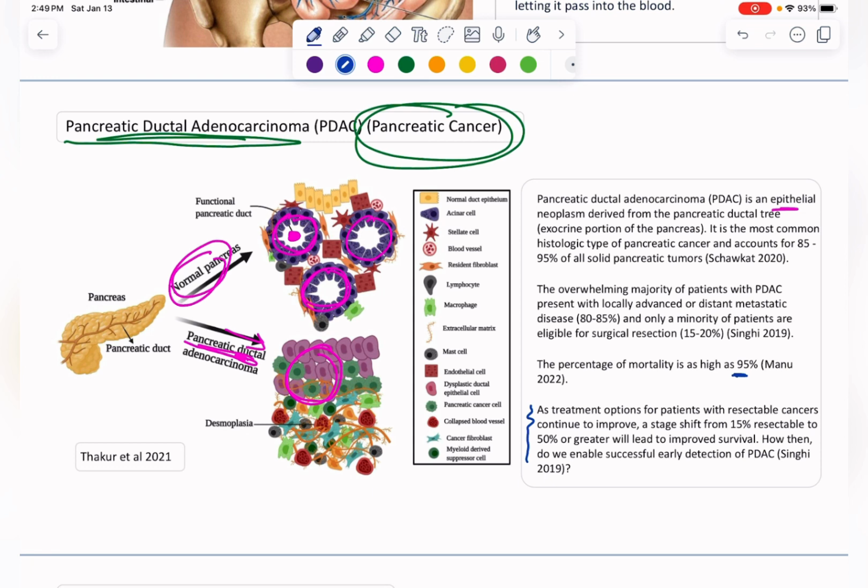You can take part of the pancreas out that is being affected by the cancer. But probably the biggest single thing that is going to help with the survival of pancreatic cancer is early detection. They're working on molecular methods that are going to help with that early detection.